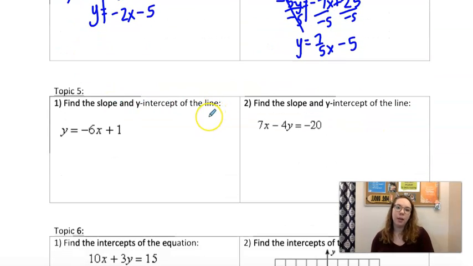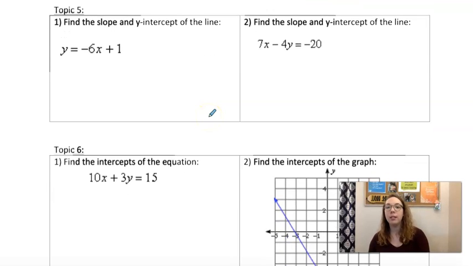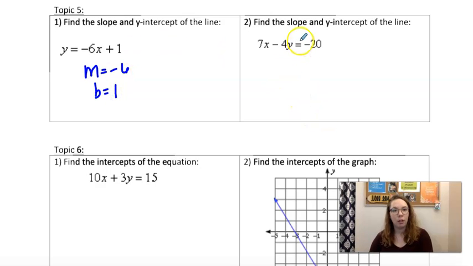Find the slope and y-intercept of the line. So this is easy because it's already in slope-intercept form. So for this one, my slope is negative 6 and my intercept is 1. This one I'll rearrange first and then we'll do the same thing. So we'll subtract 7x from both sides.